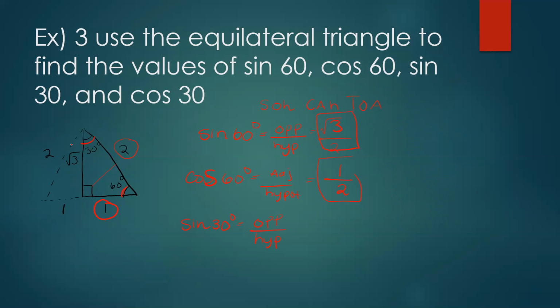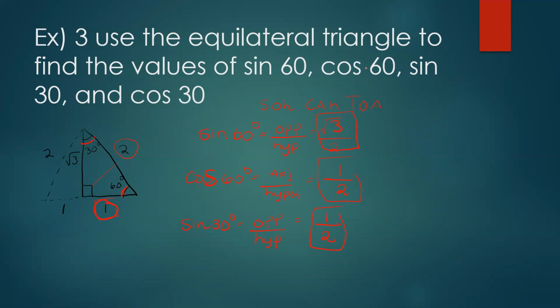So my opposite side will not be radical 3. It's actually going to be this one right here. That's my opposite side. And then can you tell me my hypotenuse? My hypotenuse is this 2.